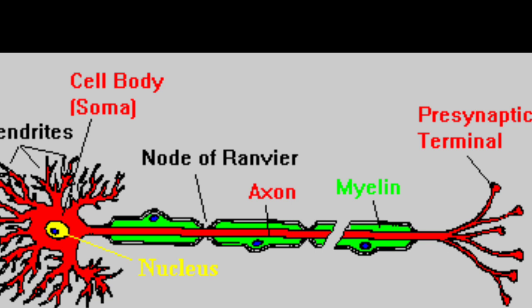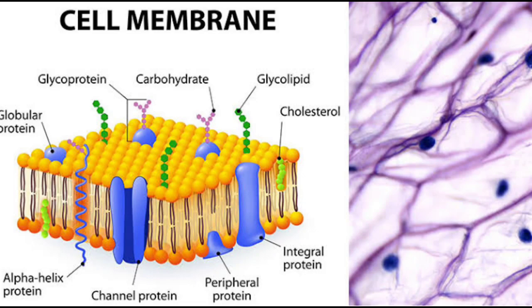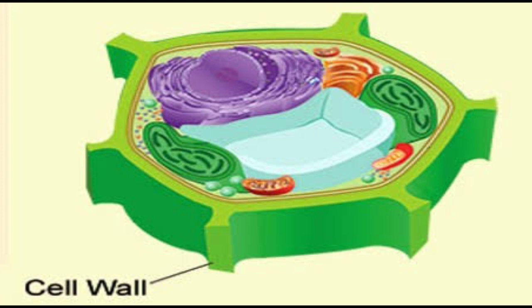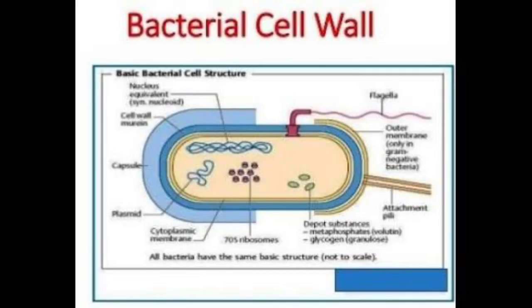The components of the cell are enclosed in a membrane called the cell membrane, which provides shape to the cells of plants and animals. In a plant cell, an additional covering over the cell membrane is called the cell wall. It gives shape and rigidity to these cells. A bacterial cell also has a cell wall.